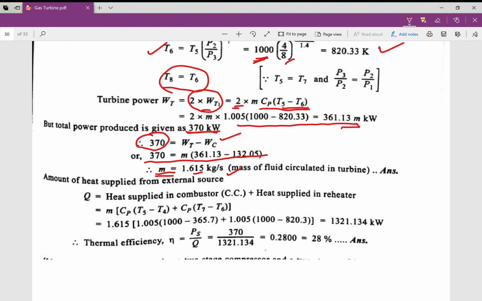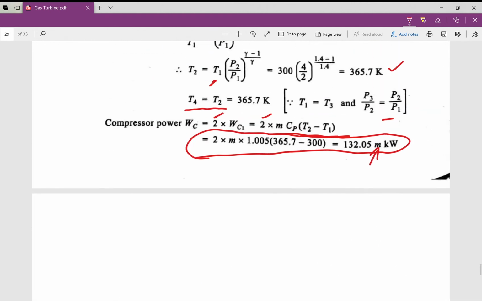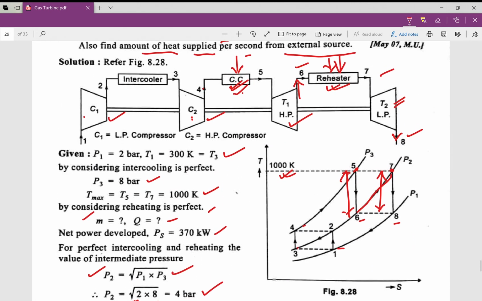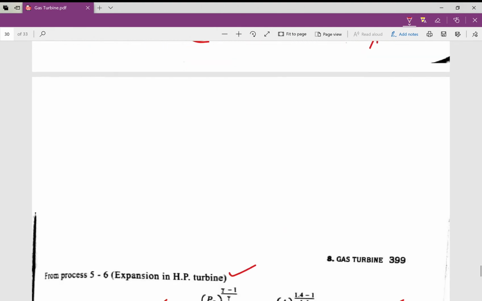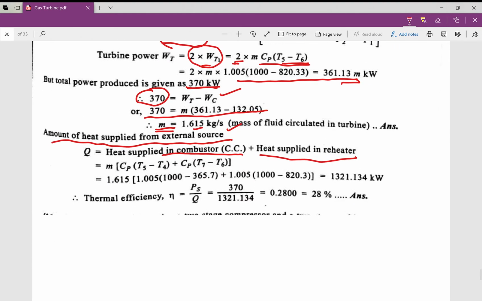Now dear students, what about heat supply? This heat is supplied from an external source in two devices, that is in the combustion chamber and the reheater. As I told earlier, from an external source heat is supplied in the combustion chamber and reheater, so that has to be considered over here.